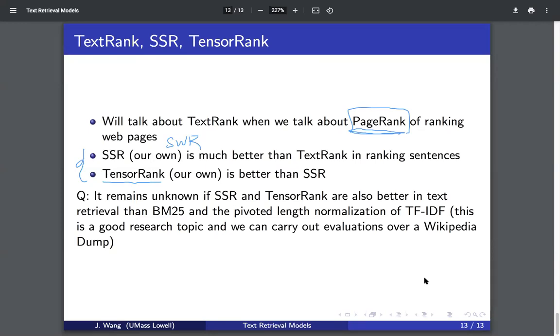Now I want to raise this question just in case you want to do research. Project and research are sometimes different. For a course project, you don't need creativity, you just use existing methods to solve some problems. Research means there's something people don't know yet, so you need some kind of creativity. So this would be a good topic.